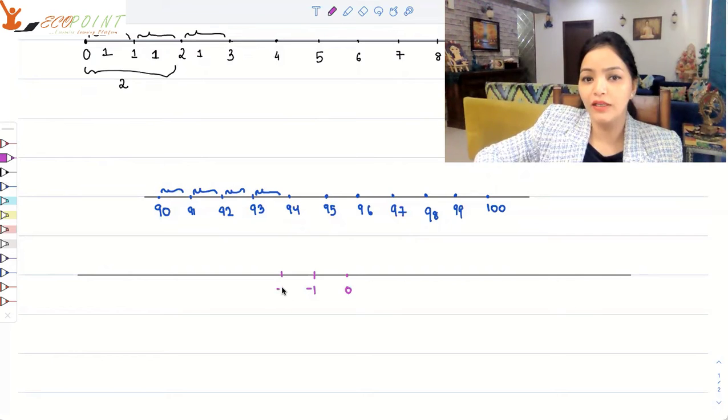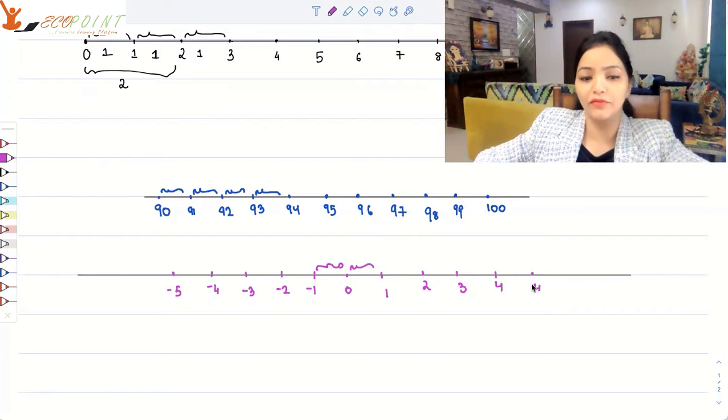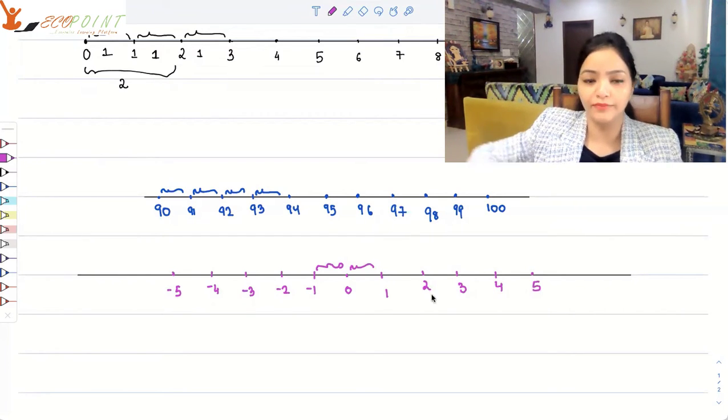Again, the whole point is that all these numbers are equidistant from each other. So the distance between 0 and 1 is the same as the distance between -1 and 0, and so on. That's an extremely important property that you have to concentrate on. So I can display integers as well.